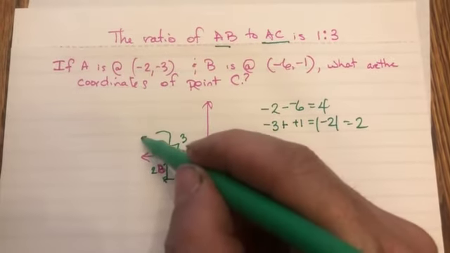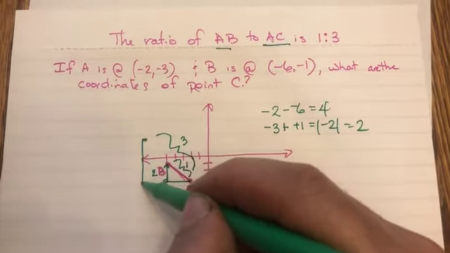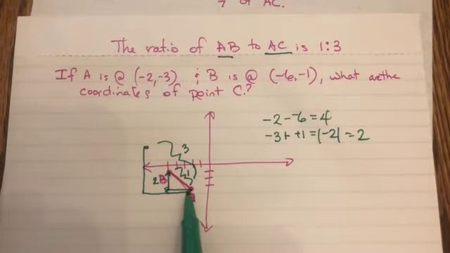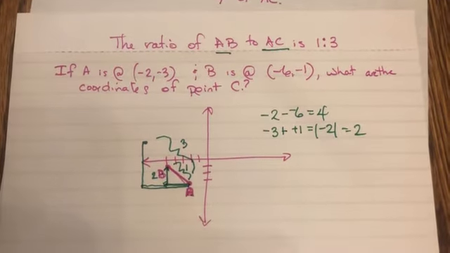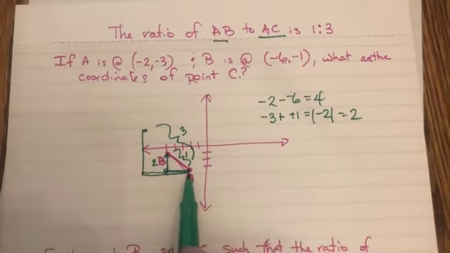For the large triangle, to find out where point C is, I need my ratio to be 3 times as large. So where this was 4, this needs to be 3 times that amount, or the distance from A to this point needs to be 12.